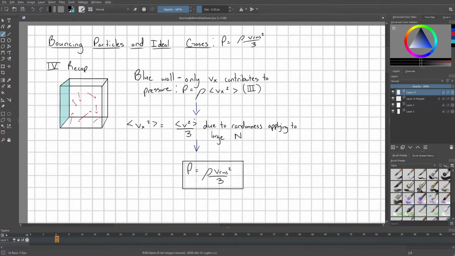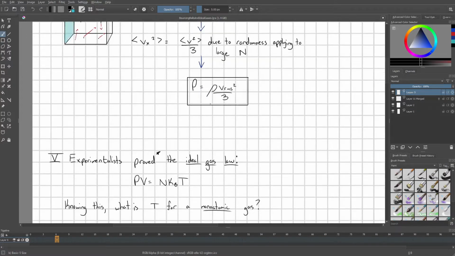And because we had a large number of particles and this was an effectively random distribution of the velocities, we could determine that if we took the mean square of our total velocities and divided that by 3, we would get the mean square of our x directional velocities, right? Just a fact of randomness. And from there, we were able to get our pressure.